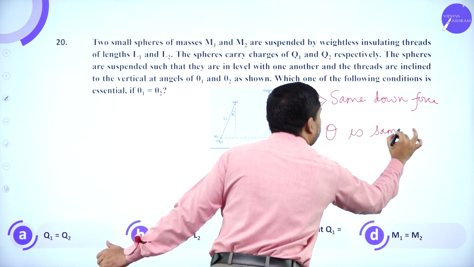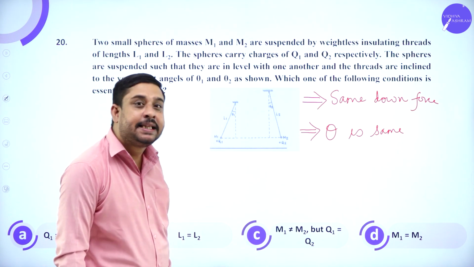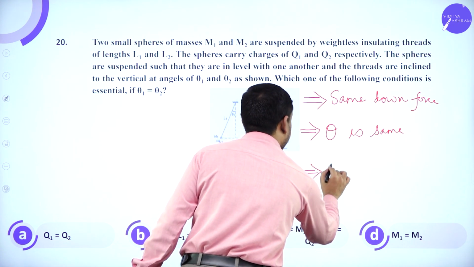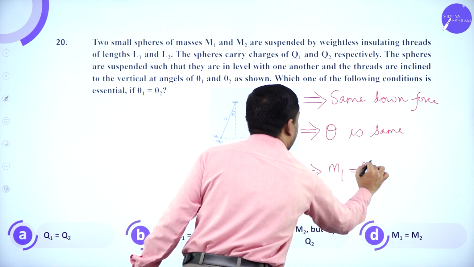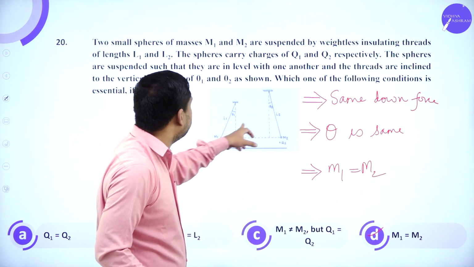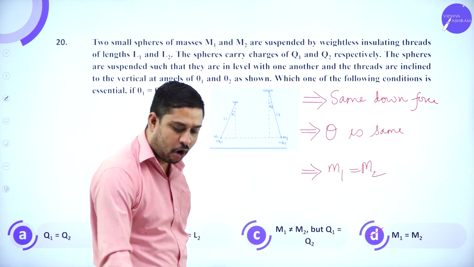If they are experiencing the same downward force, theta will be the same, and this can happen only if M1 is equal to M2. So only with M1 and M2 equal is the given condition possible.